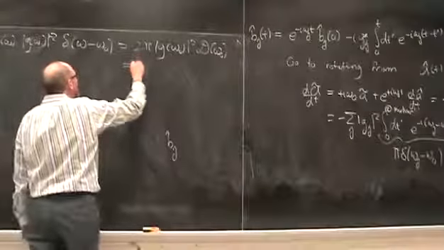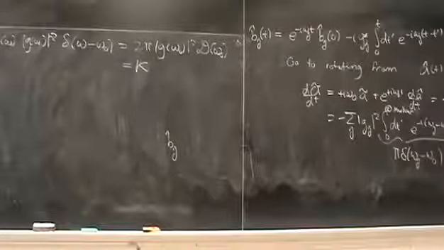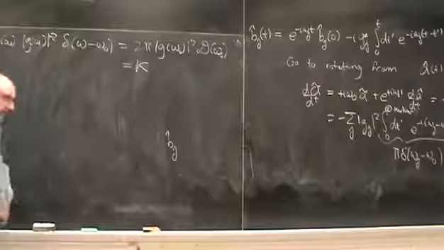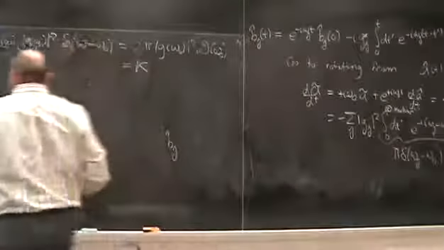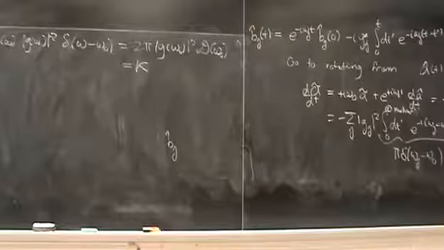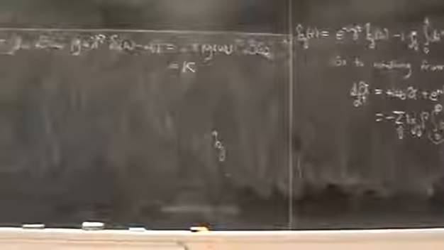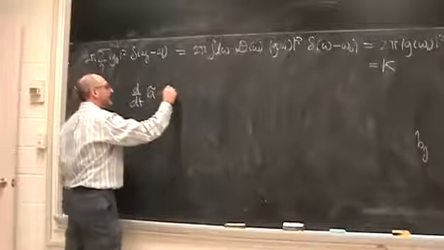That's what we call kappa. It's like the Einstein A coefficient. So, in the Markov approximation, our Heisenberg equations of motion have an irreversible form.